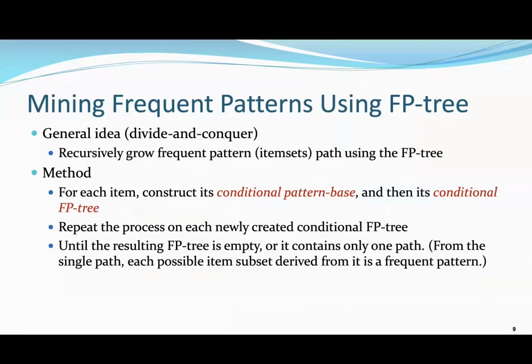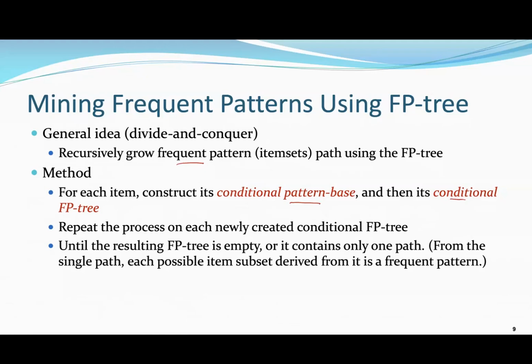So the general idea of this phase, which is to extract the frequent item sets from the FP tree, is a divide and conquer approach. It recursively grows frequent patterns using the FP tree. And here's a discussion of the method. For each item, we construct its conditional pattern base and then its conditional FP tree.